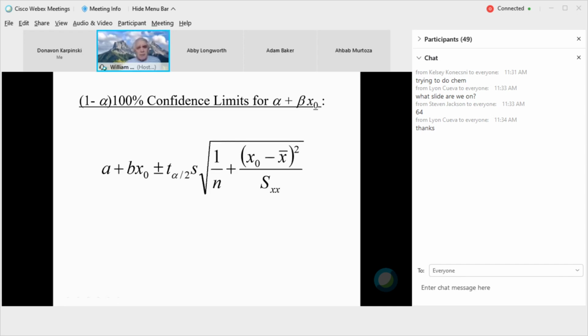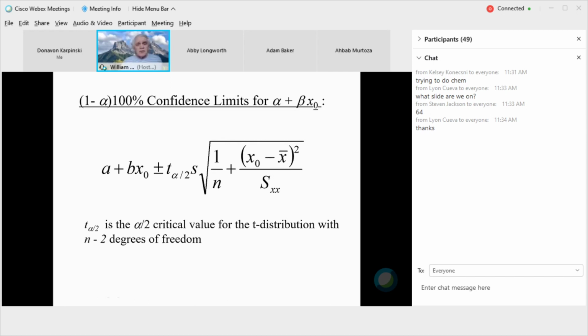There's the formula for confidence limits. It's a plus b x naught, that's the estimate of alpha plus beta x naught, plus or minus t sub alpha over 2. And then the standard deviation of a plus b x naught is s square root 1 over n plus x naught minus x bar squared over sxx. Again, t sub alpha over 2 comes from the t distribution with n minus 2 degrees of freedom.